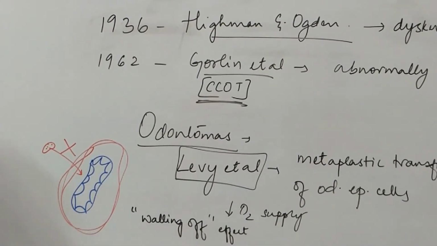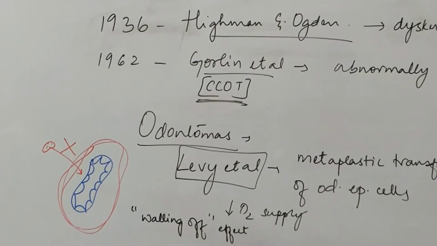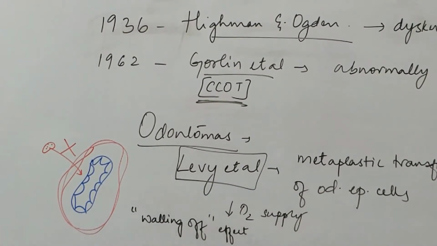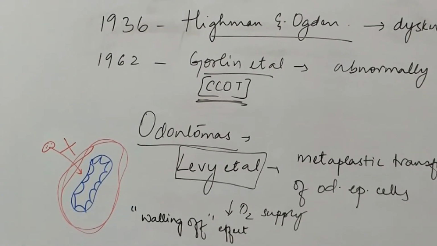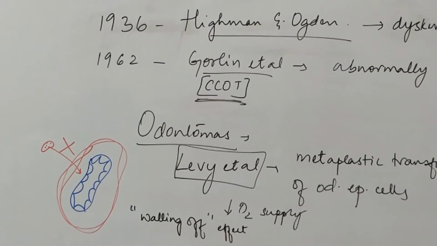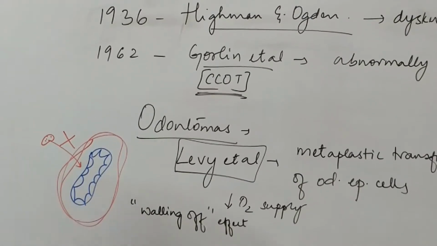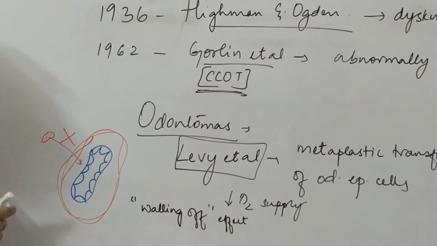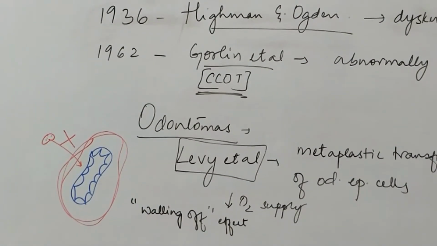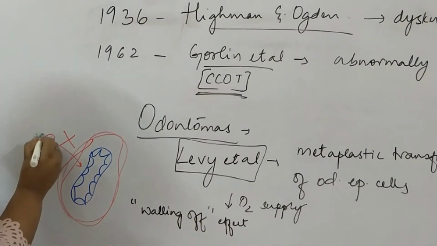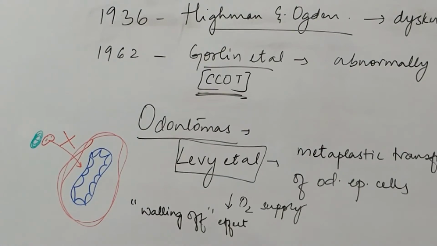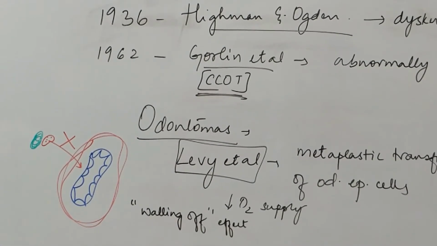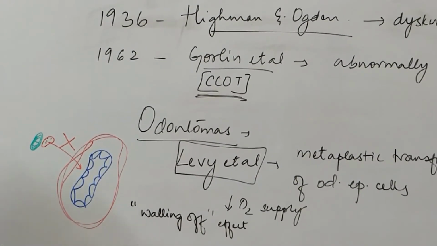But later this theory was ruled out because they found ghost cells adjacent to blood vessels also. That is very interesting and actually ironic. Suppose I draw the ghost cells in green color, they found it here also somewhere. So this theory stood ruled out. So this was about Levy et al.